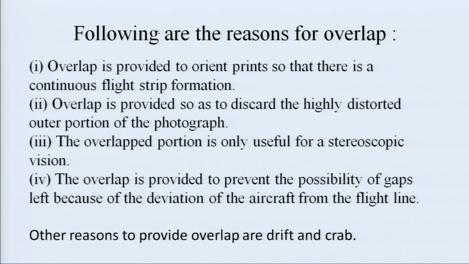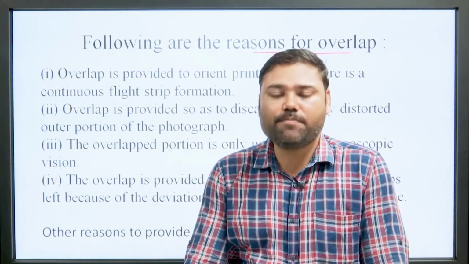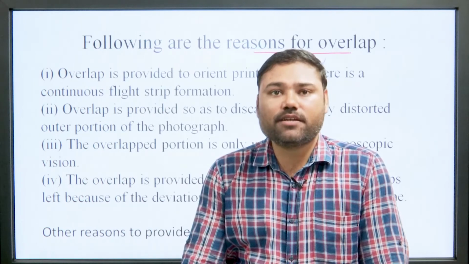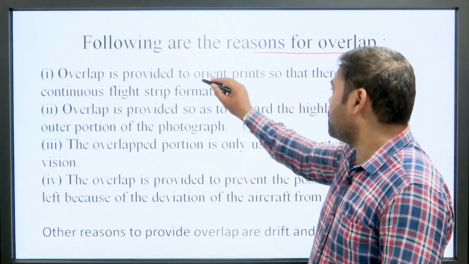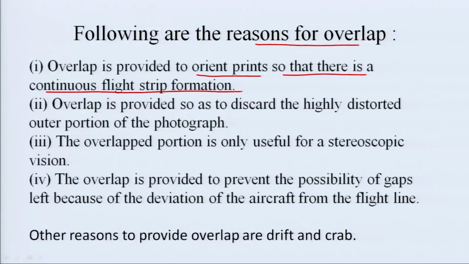So, why do we need overlapping in aerial photography? These are the following reasons for which we overlap, that is longitudinal overlap or side overlap. Overlap is provided to orient prints so that there is a continuous flight strip formation.